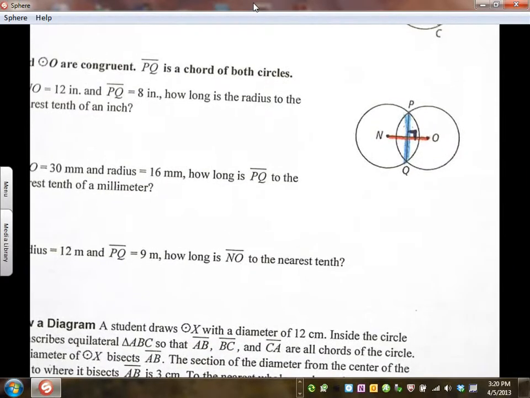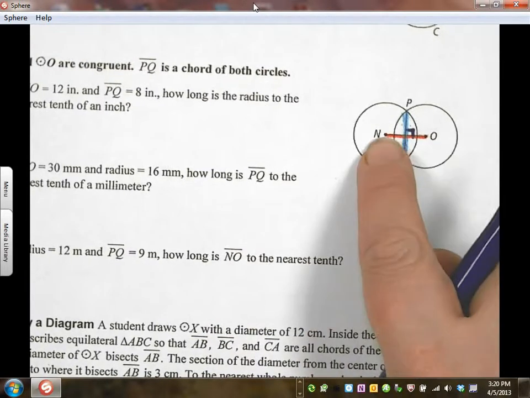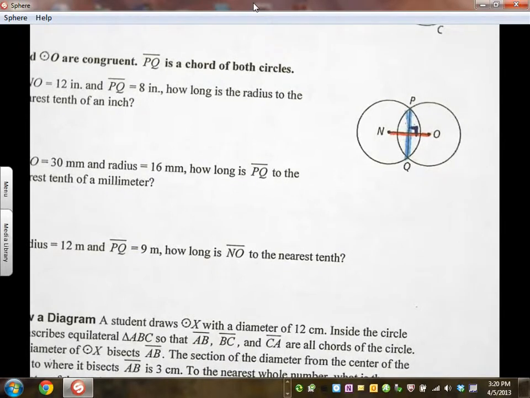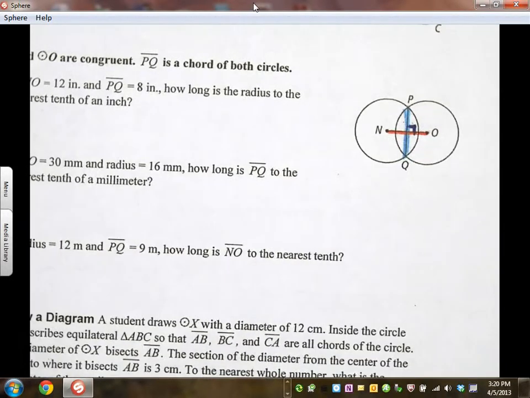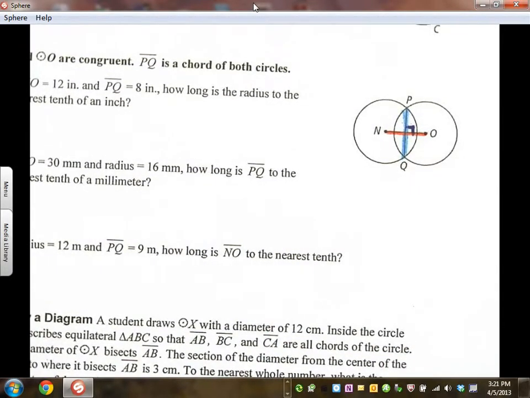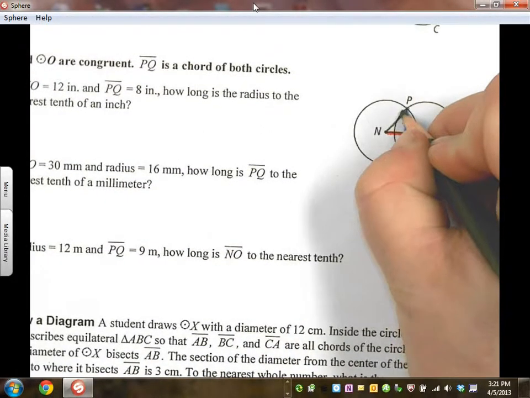I know that's a right angle, because this is a radius bisecting that chord. So, knowing that, I know that I can draw a radius here. Let's pick a different color. I'm just going to pick green for right now.